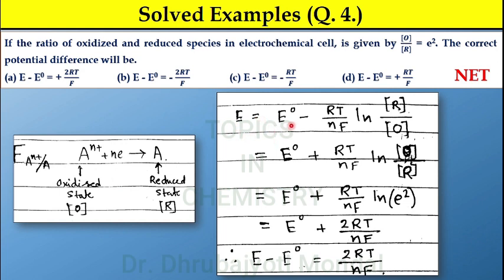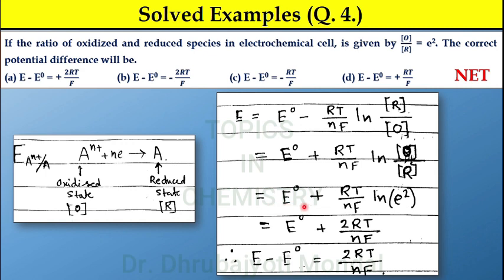E is equal to E0 minus RT by nF ln of R concentration divided by O concentration. So concentration of the reduced state divided by concentration of the oxidized state. That is equal to E0 plus RT by nF ln concentration of the oxidized state divided by concentration of the reduced state.